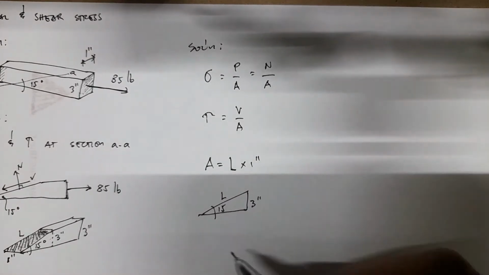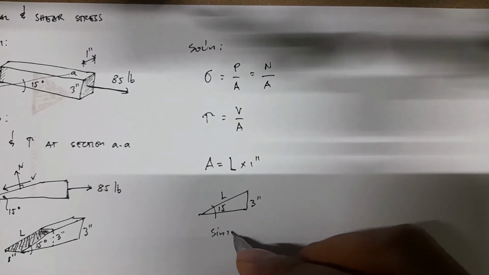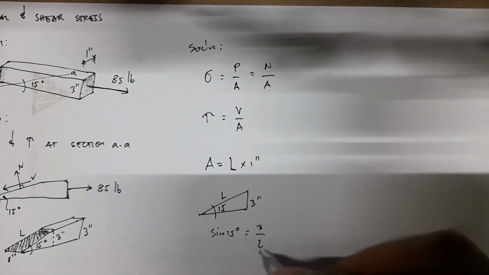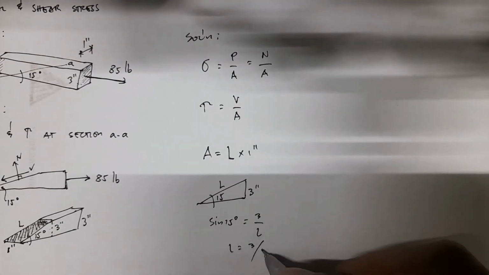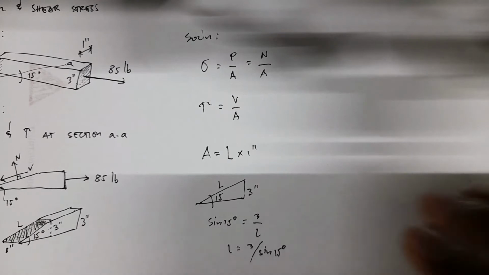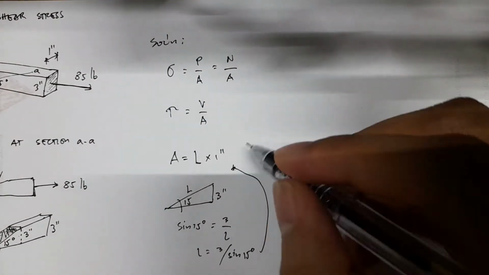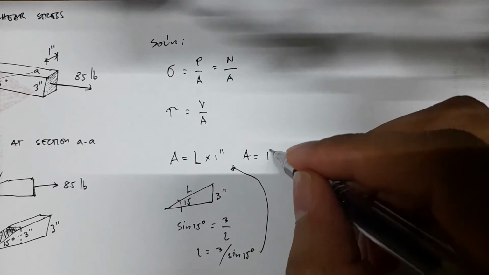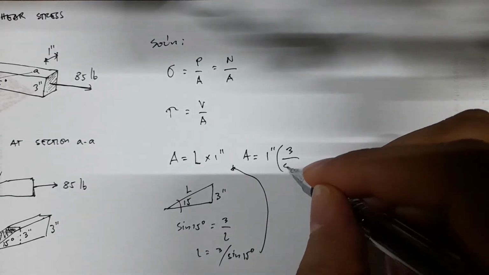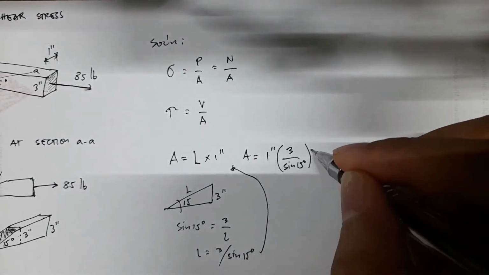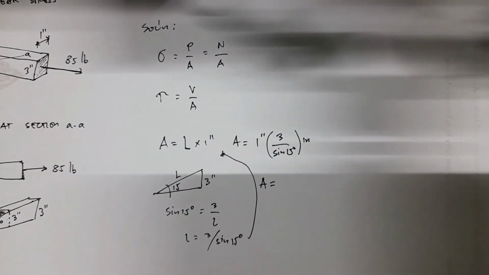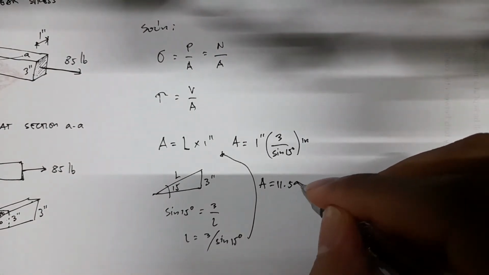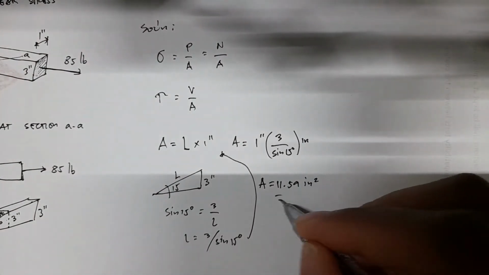And then you have L. So sine 15 is equal to 3 over L, so L is just equal to 3 divided by sine 15 degrees. Therefore, your area is 1 inch times 3 over sine 15 degrees inches, so area equals 11.59 inches squared. That's all we need.